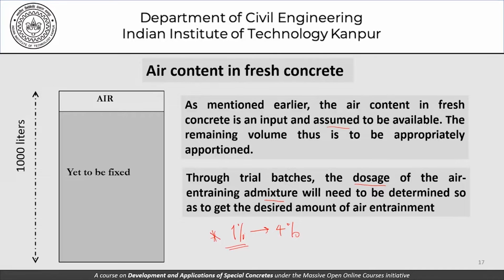Because at the end of it, the manufacturer also would have carried out certain trials and have determined that number. So the material that we are using in a particular construction site could be different from that used by the admixture manufacturer. And therefore, there is no reason to believe blindly at least that 1% will give you 4% if the manufacturer says so.